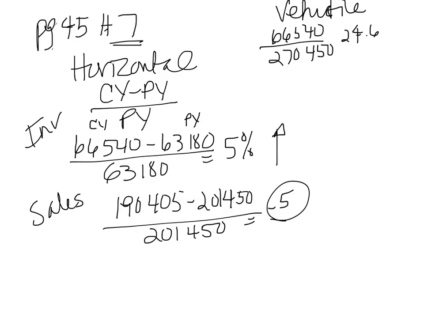And remember that the vertical analysis is the account balance, which in this case is inventory, always divided by total assets when it's a balance sheet account.